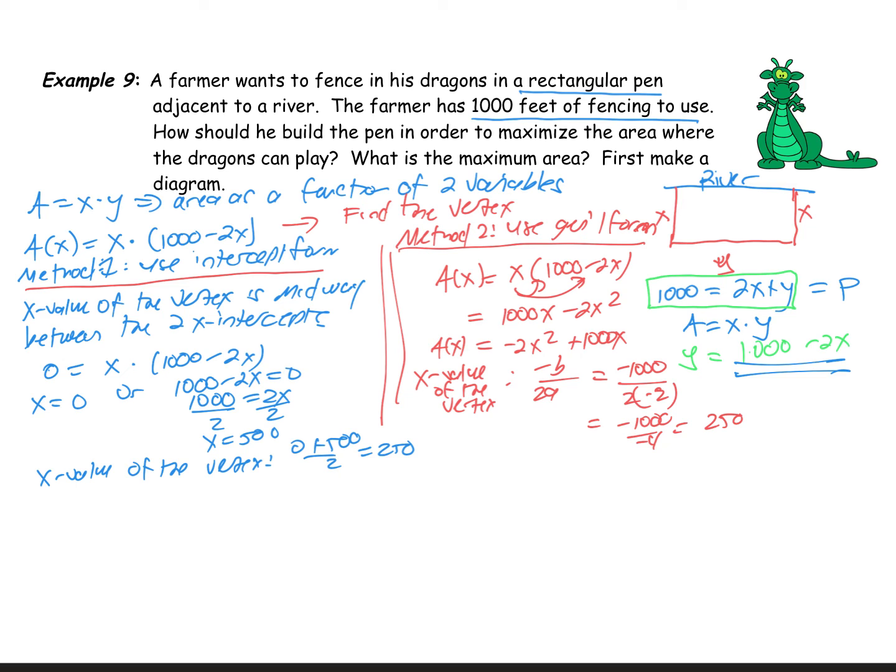And from this point, we can go ahead and continue to answer the question. It says, how should he build the pen? So one side, x, is going to be 250. That's the dimension here. And the y value is 1,000 minus 2x, so 1,000 minus 2 times 250, which is 1,000 minus 500, which is 500.